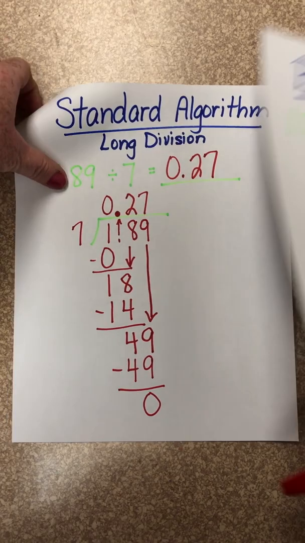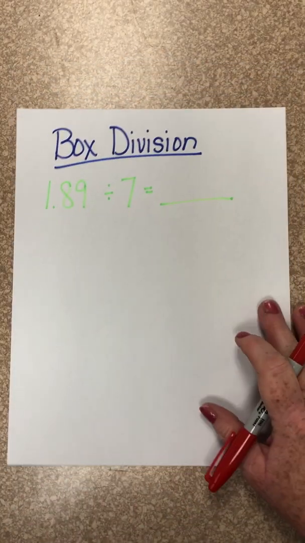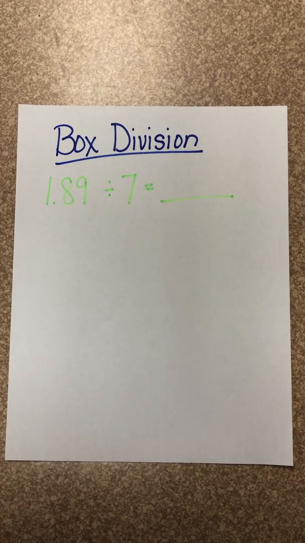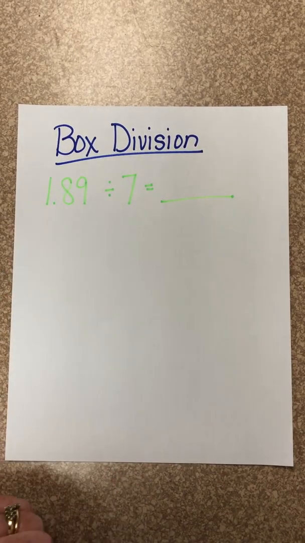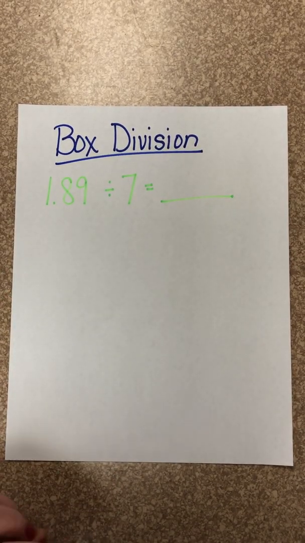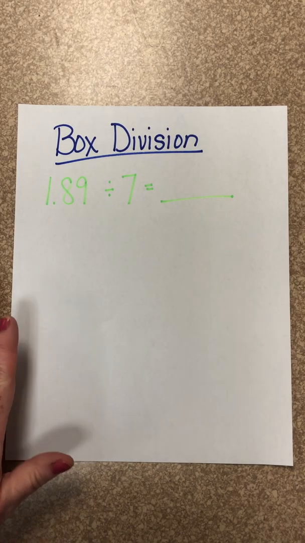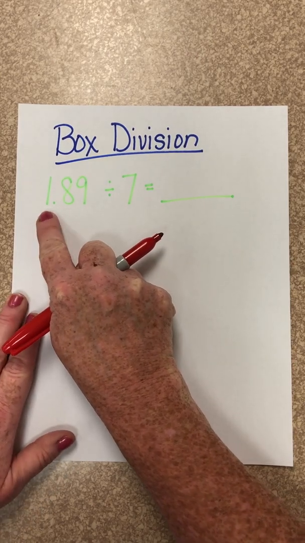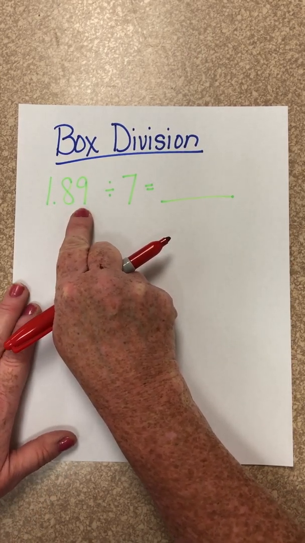Now let's look at another method for solving this problem. This is called the box division or the box method. It's just another method for you to find the answer. So when we look at this, we still have 1.89 divided by 7, but we're going to do the box method. So we look at the first number, this is the dividend, and I notice that it has 3 digits.